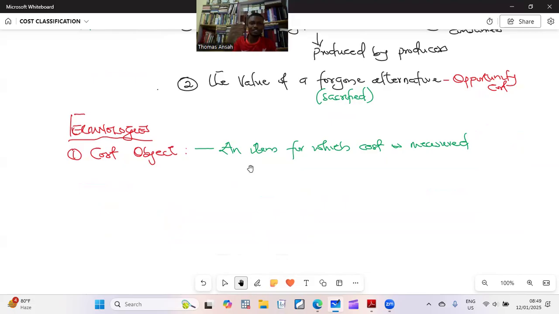If I bought it, it is something for which the cost is measured. Those of you who do financial reporting know that a cost includes the purchase price and other stuff. But what did you purchase? That thing you purchase is what you are applying the relevant cost to. So an item for which cost is measured.